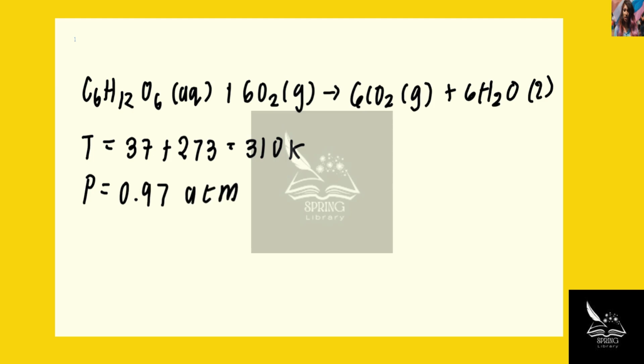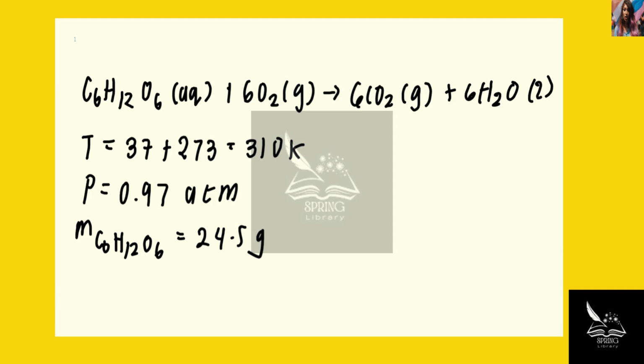And we know that the mass of glucose, which is C6H12O6, let me do a little m, is equal to 24.5 grams.